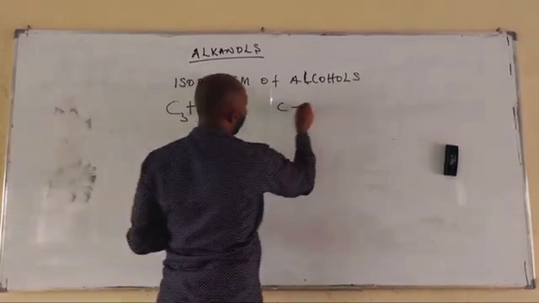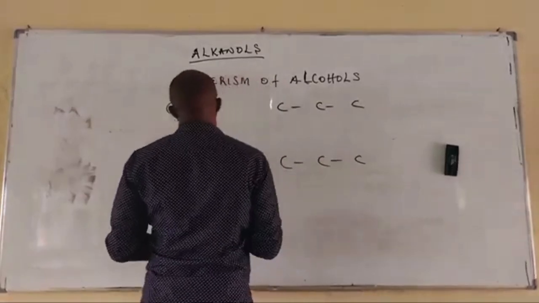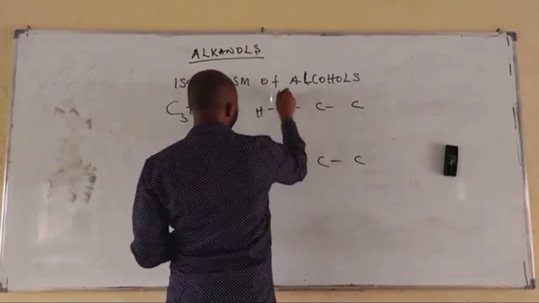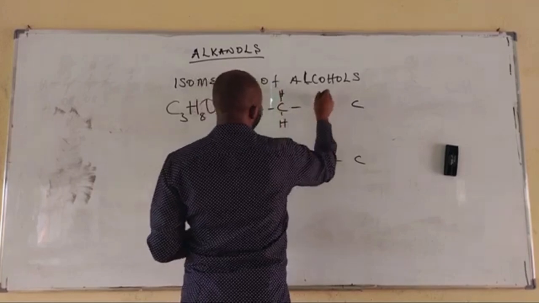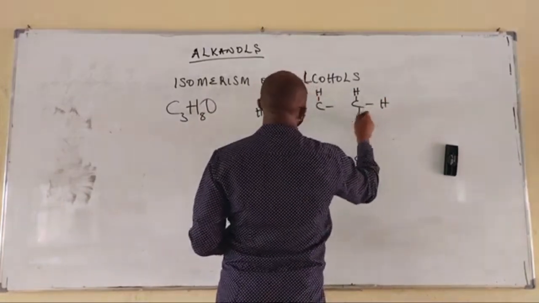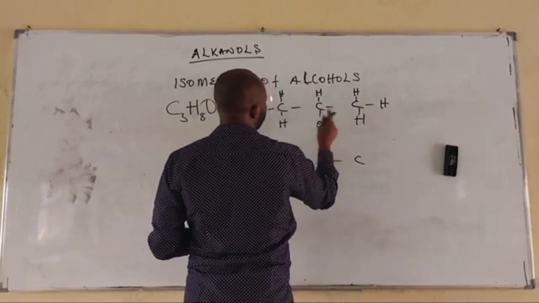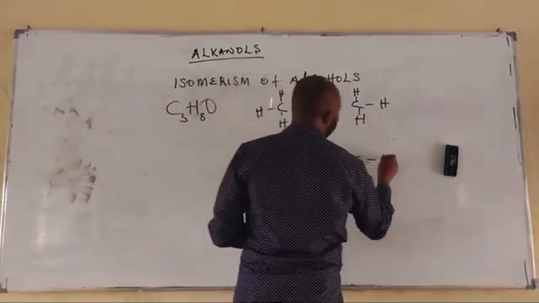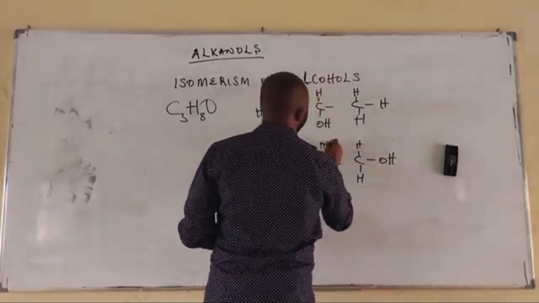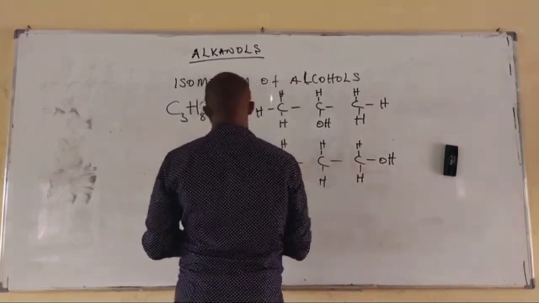So I have my 1, 2, 3 carbons. This is 1 hydrogen, 2, 3, 4, 5, 6, 7 hydrogens. The last hydrogen gives us our 8th hydrogen. We can also have OH here, with 1, 2, 3, 4, 5, 6, 7, 8 hydrogens.